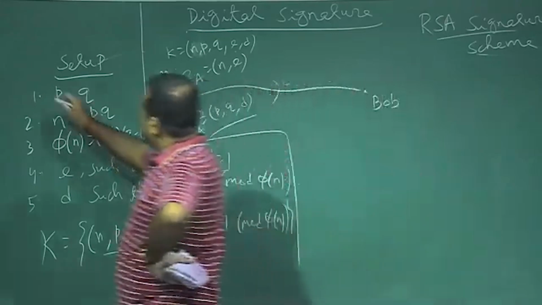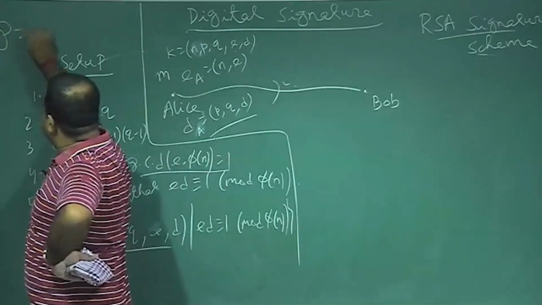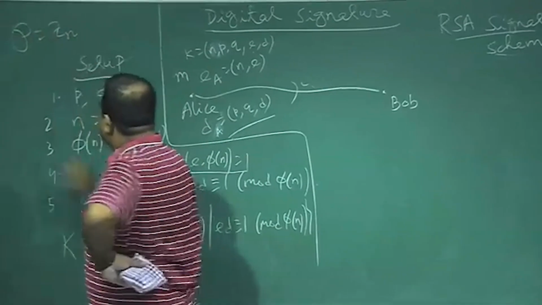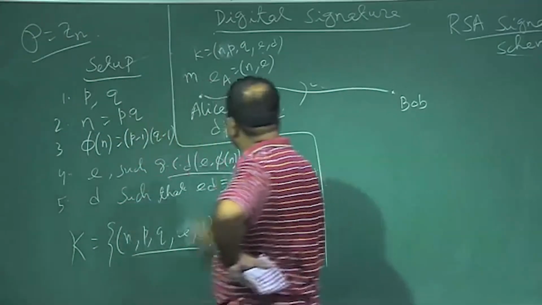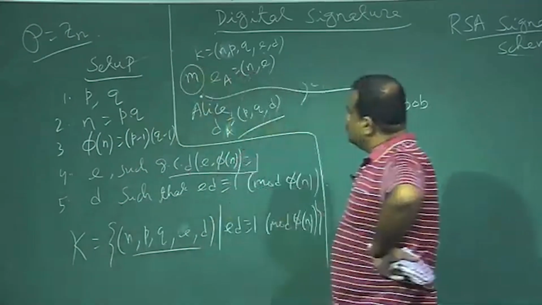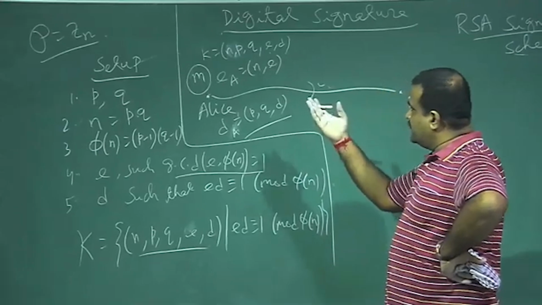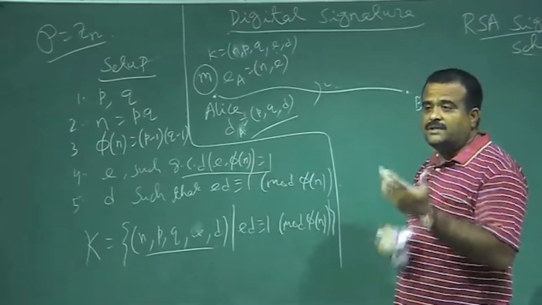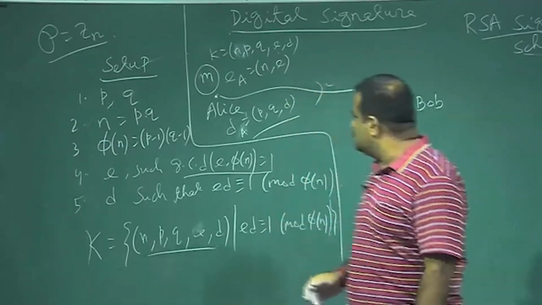Now, the plain text space, plain text is coming from Zn. So Alice chooses this plain text M, this message. Now Alice wants to sign on this message. So how will Alice sign?